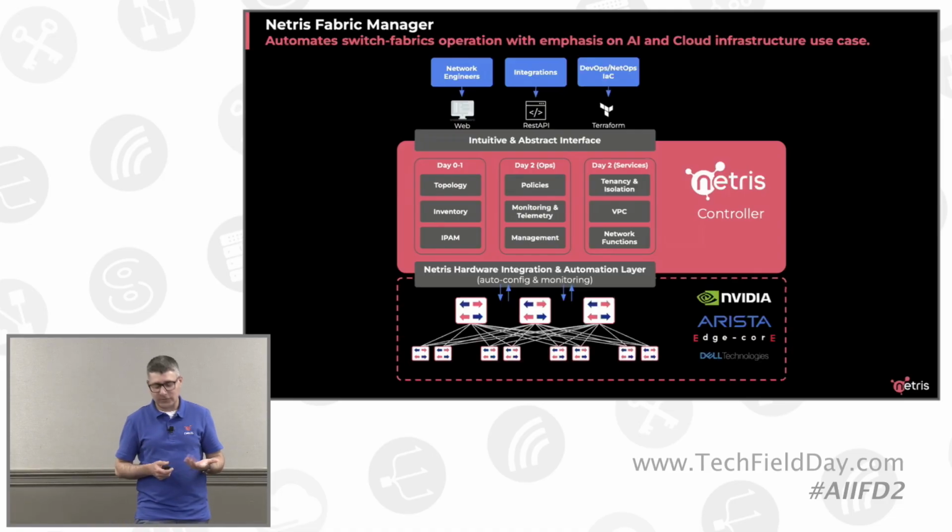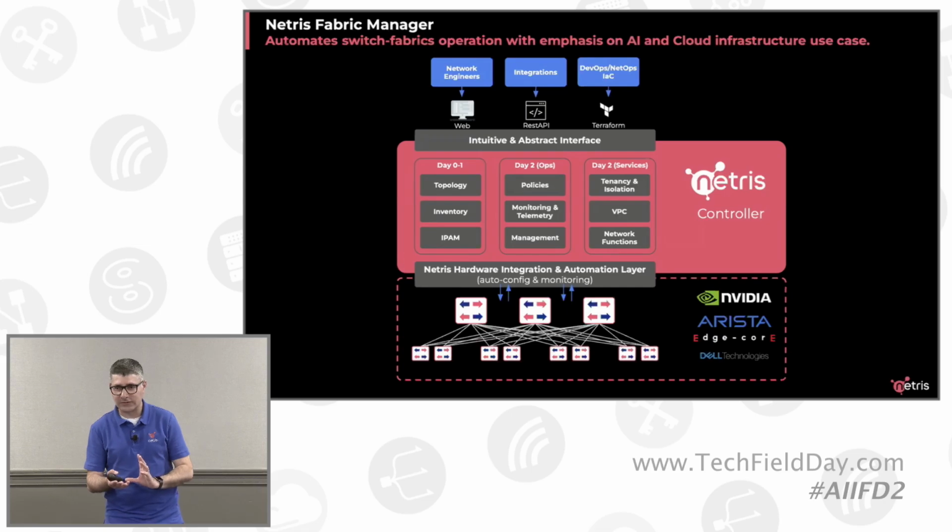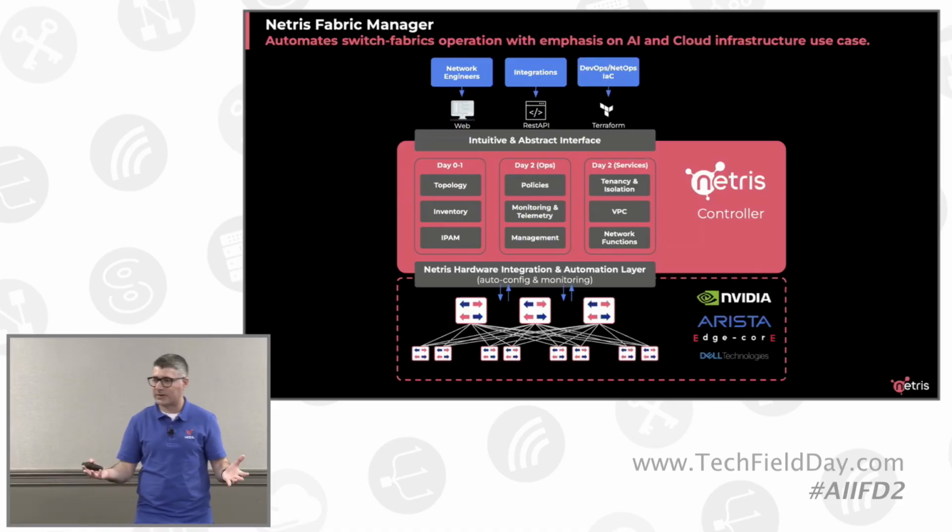Now, on day 2, we also provide APIs to cloud providers, which are not necessarily for network engineers, but are more for compute and storage for other guys. So as a cloud provider, you are connecting all this compute, storage, and networking together.